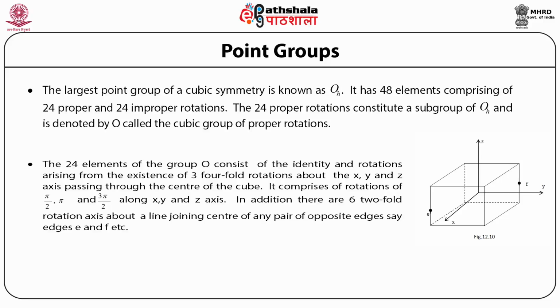And since there are 6 such possible axes, we have 6 two-fold rotation axes about these lines joining the centers of opposite edges. Notice that there are 6 such axes corresponding to 12 edges in a cube.